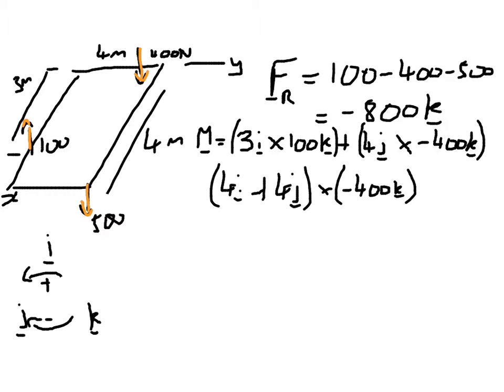So what we can say is 3 times 100 for our moment. 3 times 100 is 300. We've got, in the first bit, an i crossed with a k. So to get from i to k, I'm going in the negative direction around the circle. So we know it's negative, and it will result in a j.